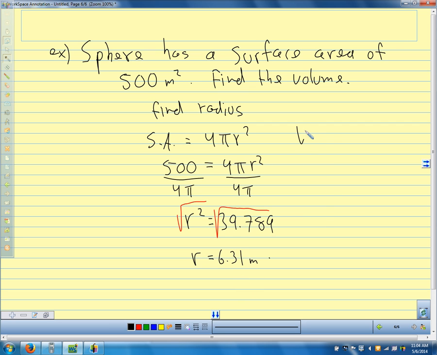Our volume is 4/3 pi times 6.31 cubed. So let's calculate that out.